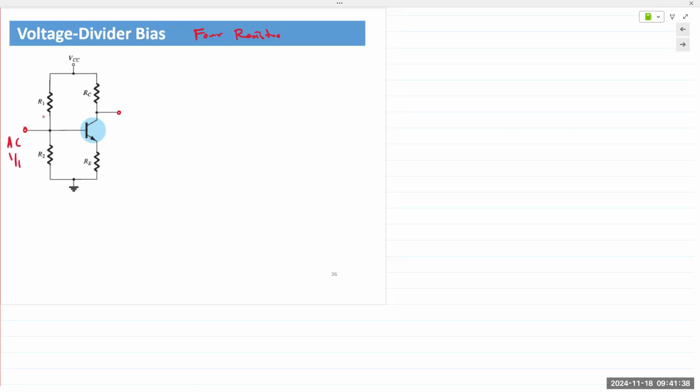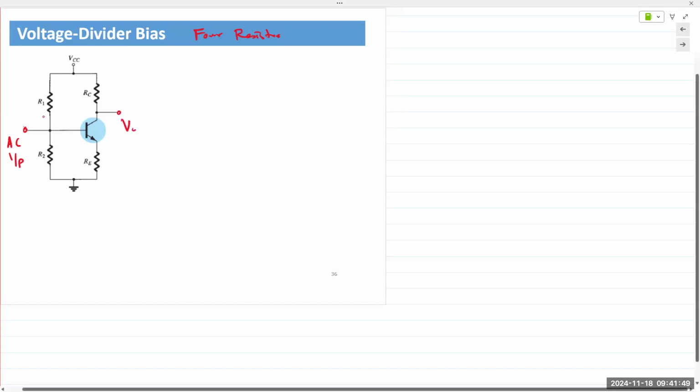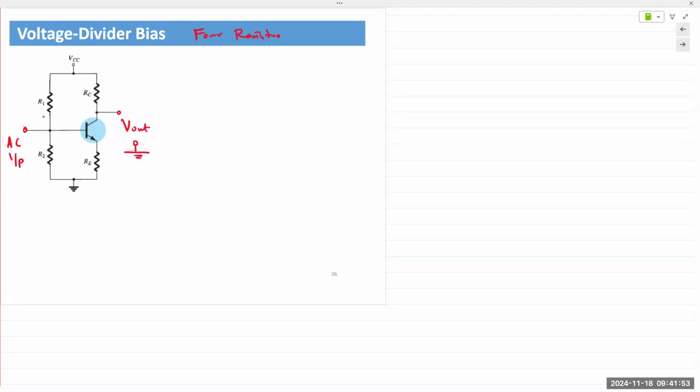The AC input is typically applied at the base. V out is from the collector and is measured with respect to the ground line. Okay. Now, if we isolate the circuit and cut it in half, let's just take the input side.